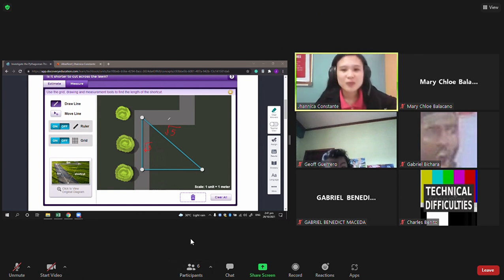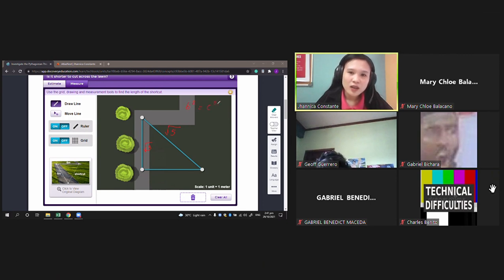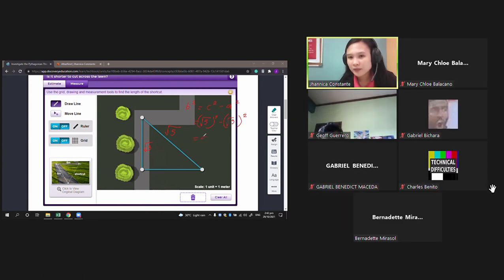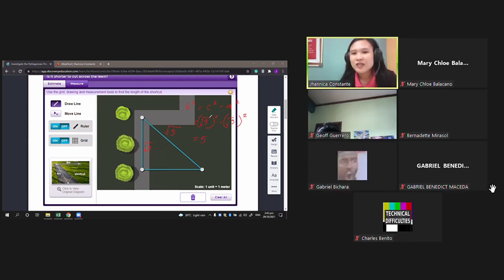The same process. We're going to use the formula of the Pythagorean theorem, which is B squared equals C squared minus A squared. So you have the square root of 5 squared minus the square root of 3 squared. So the square root of 5 squared is equal to 5. The squared and the square root can be cancelled out.